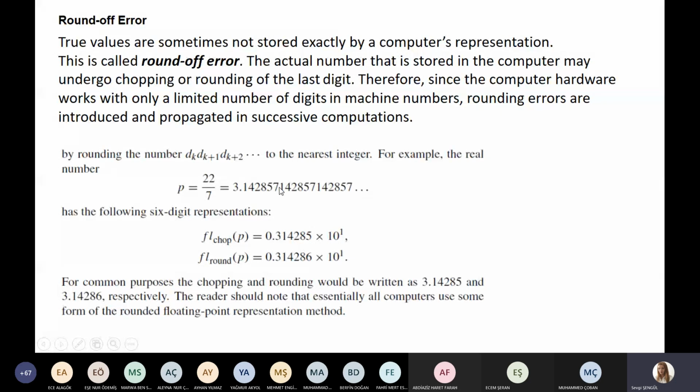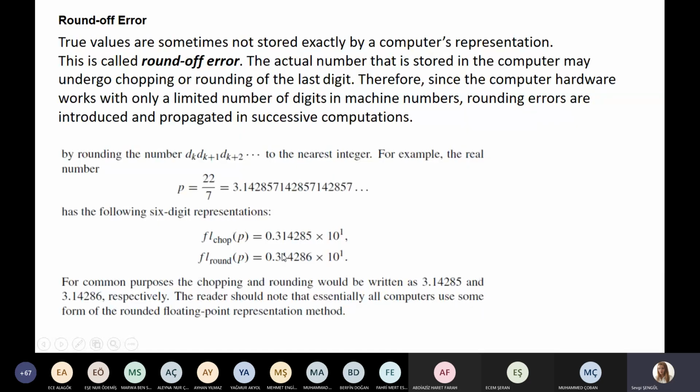If you are rounding, since a 7 is coming after, you round up to one higher number. You already know that. And if you are doing the chopping algorithm, you just chop it off; it doesn't matter what the next number is. If you do that, you will have some error, and the error is again the difference between the real value and the approximate value. You can define the absolute error and the relative error for round-off errors in that way, okay?